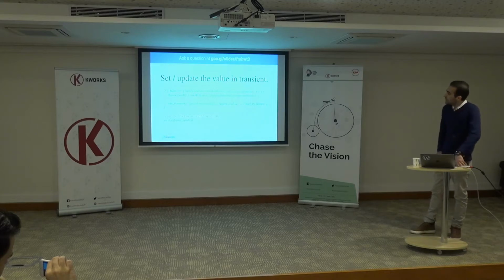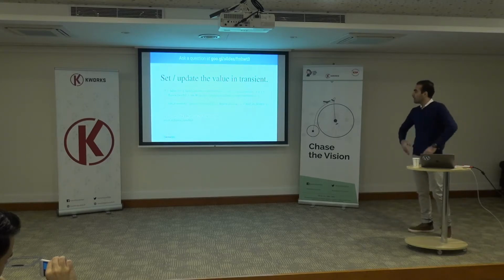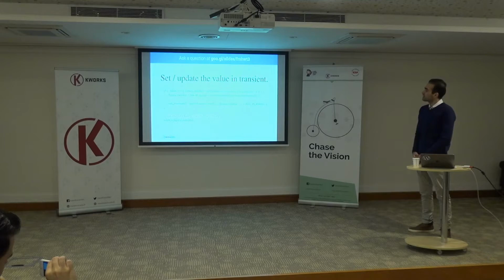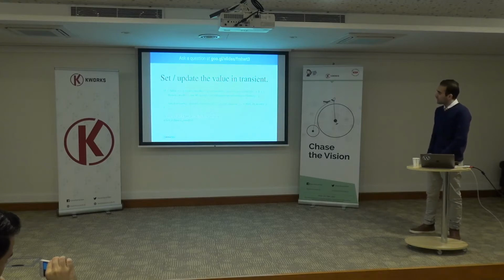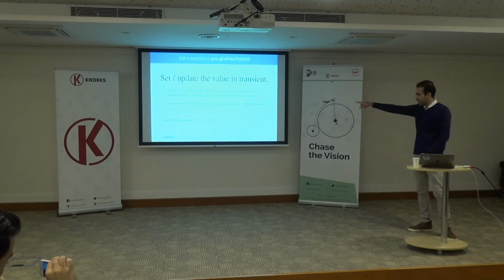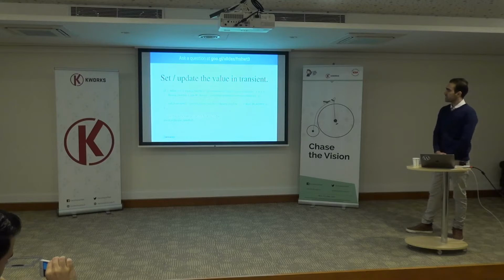In this example, first we get the result of this query and put it in the cache with this time. Then you can use it, and the cache expires in this time. It's very easy.